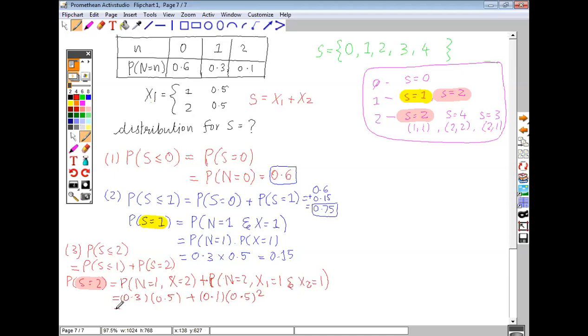So this will eventually come up to something, and this answer you will get as 0.925. Does this make sense to everyone? Yes.